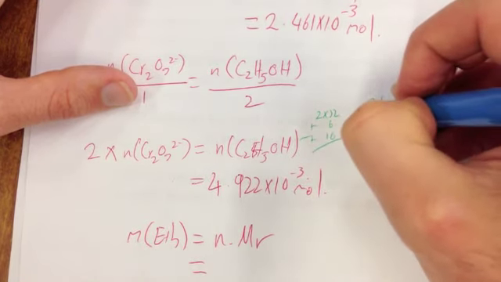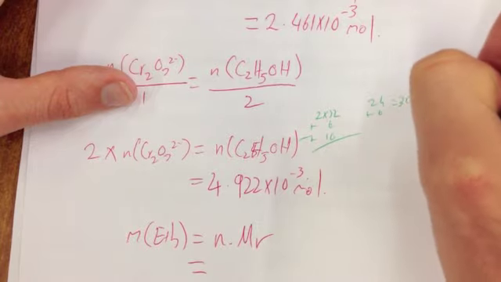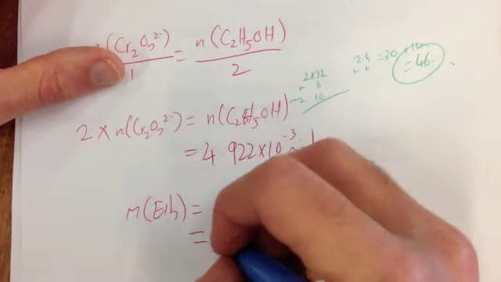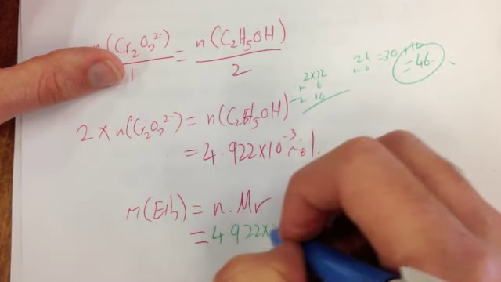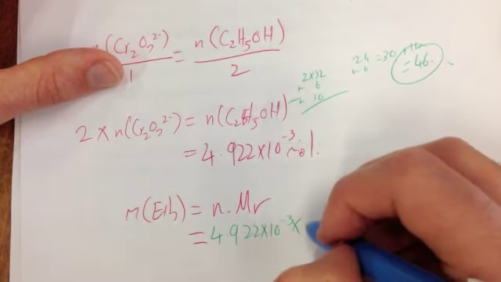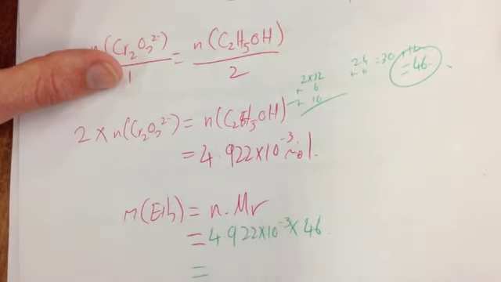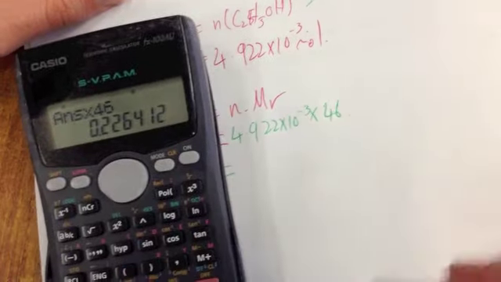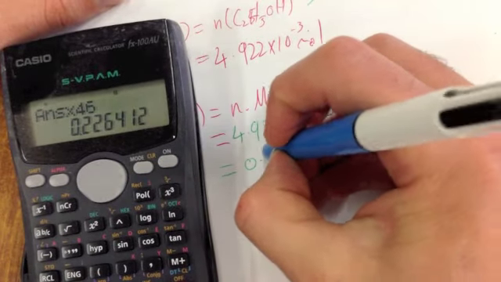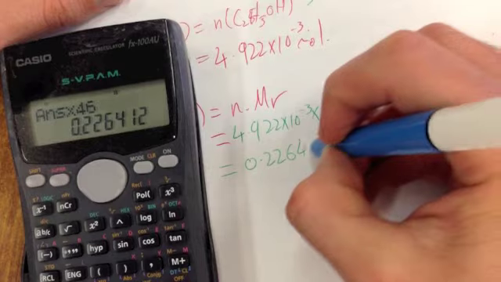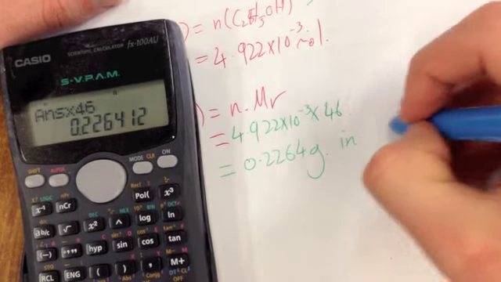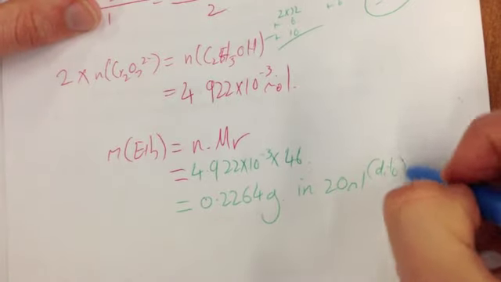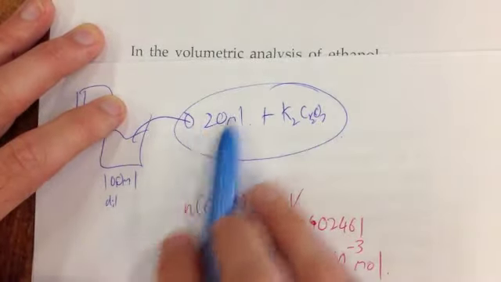So 24 plus 6 is 30 plus 16 equals 46. So it's 4.922 times 10 to the power of negative 3 times our molar mass of 46 equals 0.2264 grams in 20 mil. Diluted. Remember, this is all in this 20 mils of diluted.